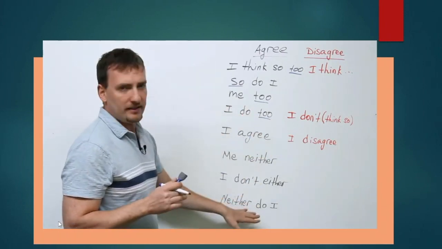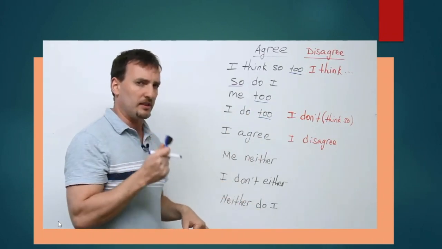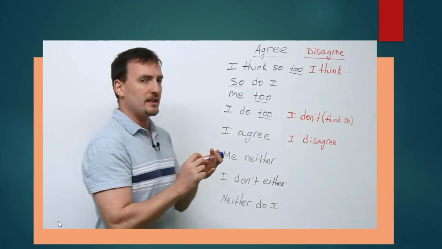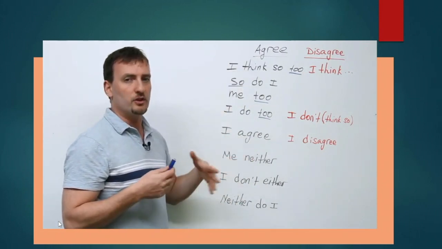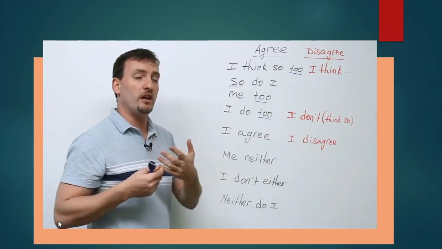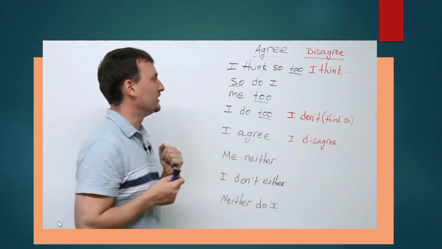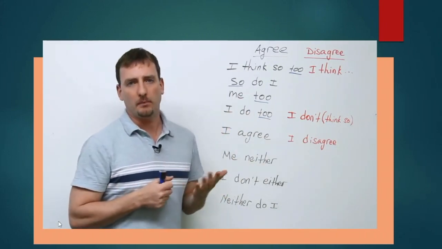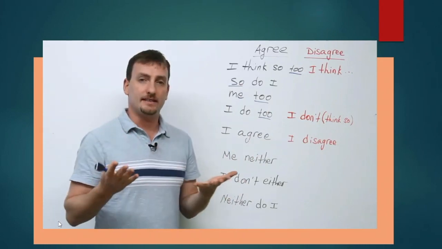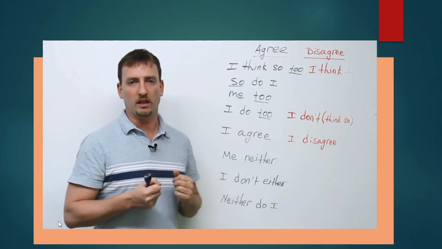Now, we're going to look at these ones a little bit after, okay? Because this is where people get a little bit confused, I think. So I'm going to give you a statement. And most of these expressions are used to agree or disagree with an opinion, okay? Or some sort of belief or whatever. So everybody's talking these days about the election in America. So somebody says, I think Mitt Romney is going to win.